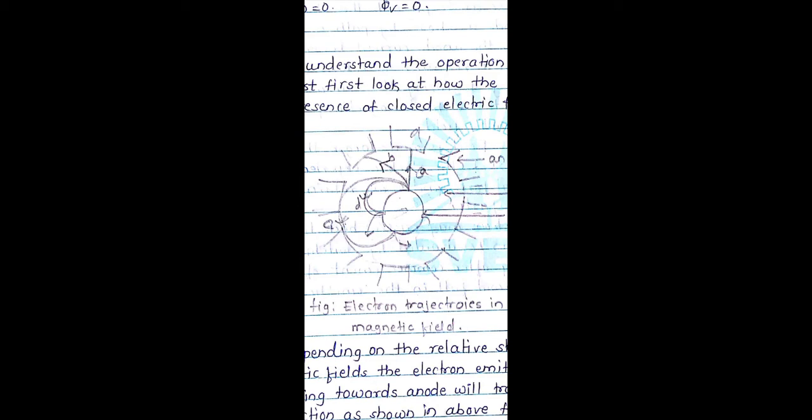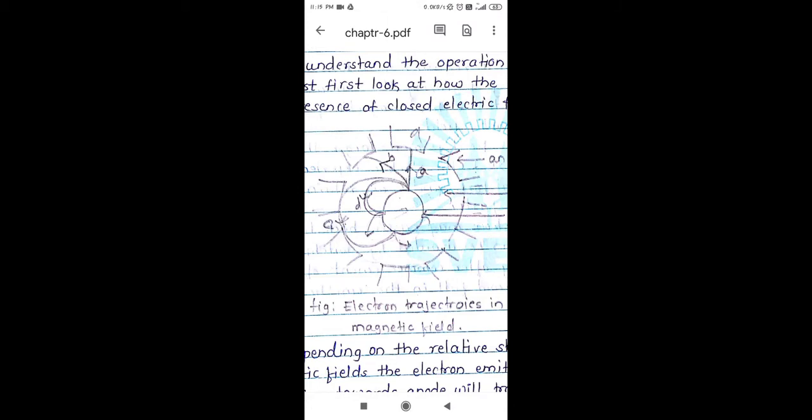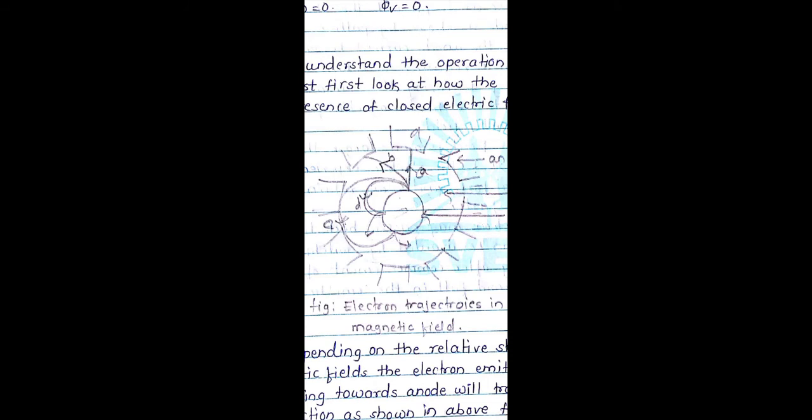If the magnetic field strength is increased slightly, for a moderate value of B, it will exert a lateral force, bending the path of the electron as shown in path B. As we go on increasing the value of B, it will take a curved shape.